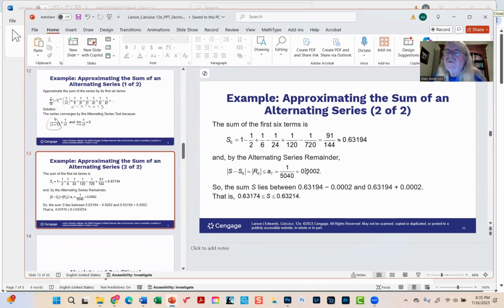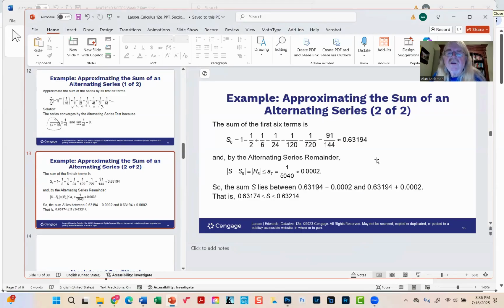And then if you really need to come up with an approximation, if you notice how we're stopping after 6 terms, and if you fill them in, you'll get approximately 0.63194. And according to this remainder expression, we know that the remainder after 6 terms is less than or equal to a_7, which is 1 over 5,040.